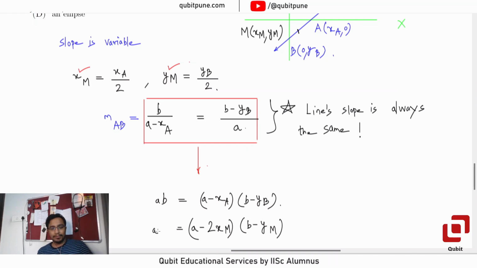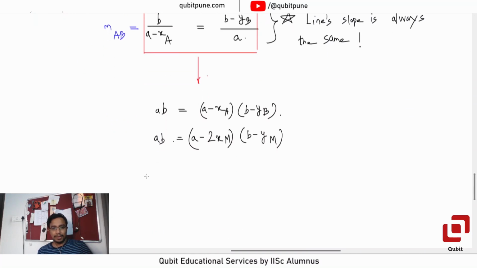Then if you want, you can simplify it further, but I think this much is enough to come to a conclusion that it is a hyperbola.